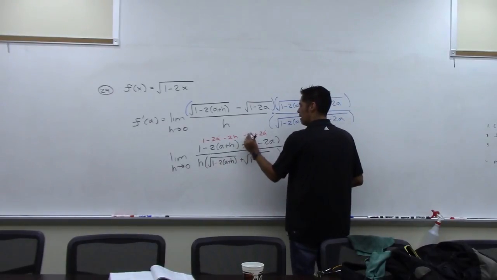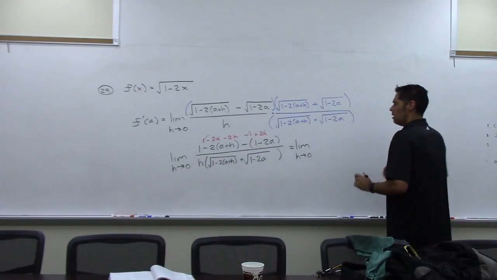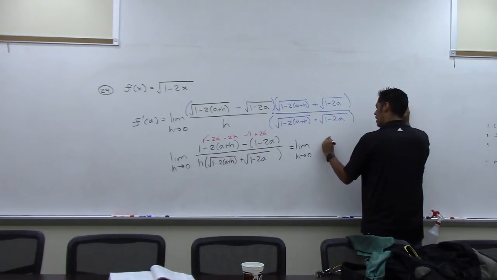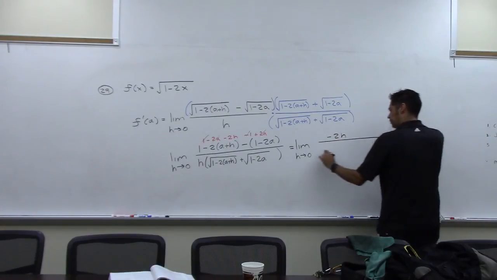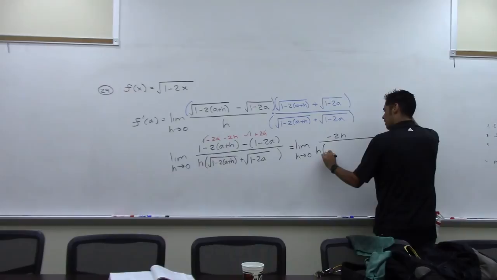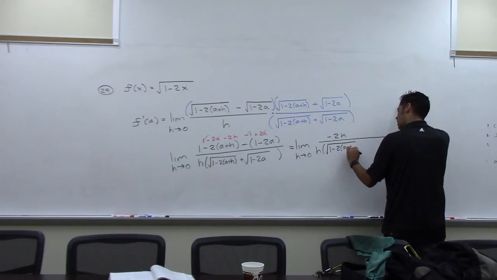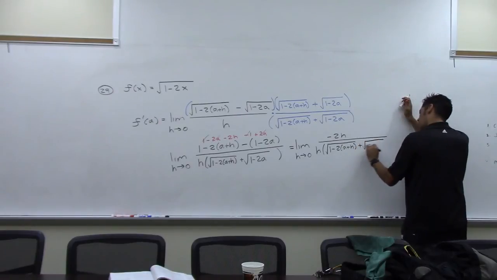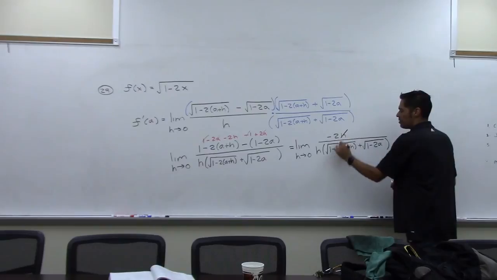Minus 1 plus, so minus, and that means those 1's go away also. Even better. All I'm left with is negative 2h on top, and then the bottom is h times this thing, square root 1 minus 2 times a plus h plus root 1 minus 2a. And these h's cancel.